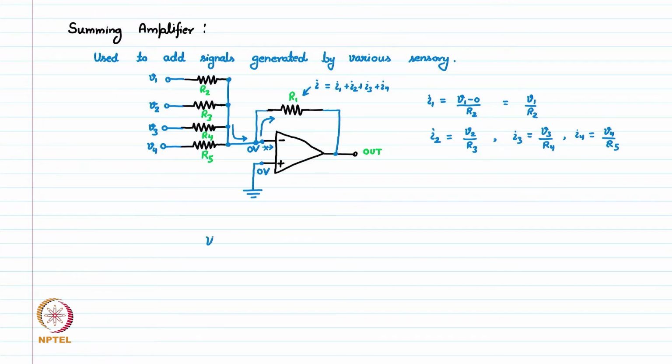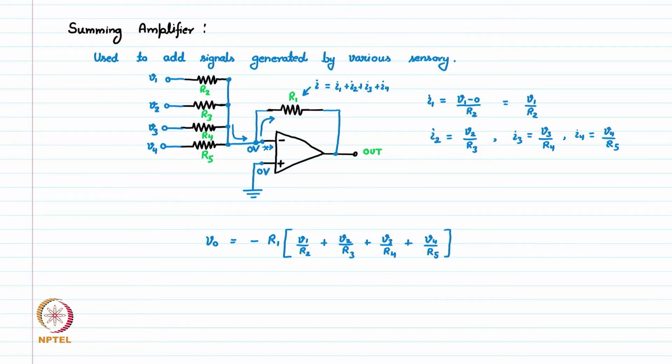So the output voltage will be given by a minus sign, because the current is flowing out of this 0 volt node, coming here, so the output will be negative: minus R1 into I1 plus I2 plus I3 plus I4, which is V1 upon R2 plus V2 upon R3 plus V3 upon R4 plus V4 upon R5.